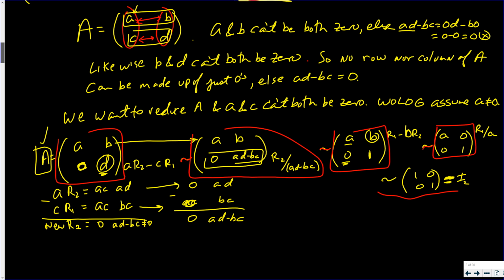That is, matrix A is row equivalent to I2, just in case AD minus BC is not equal to 0.